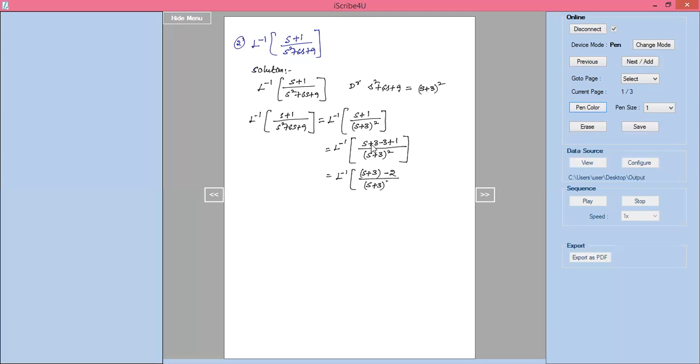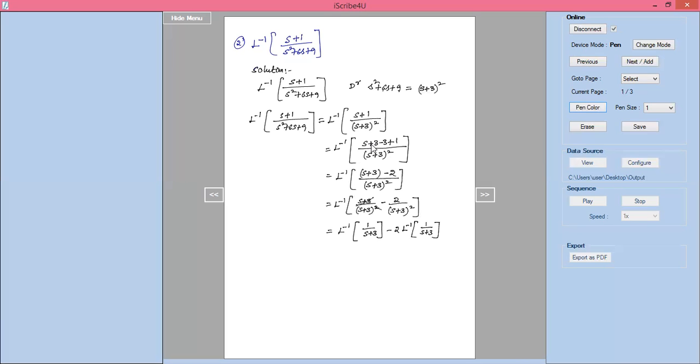Now I'll write this as L inverse of s plus 3 divided by s plus 3 whole square minus 2 divided by s plus 3 whole square. Now here s plus 3 cancels with one power of the square, so you will get L inverse of 1 divided by s plus 3, minus 2 into L inverse of 1 divided by s plus 3 whole square.